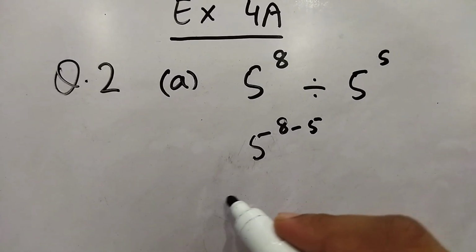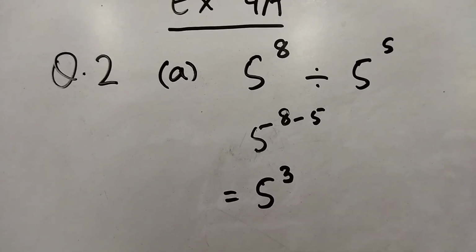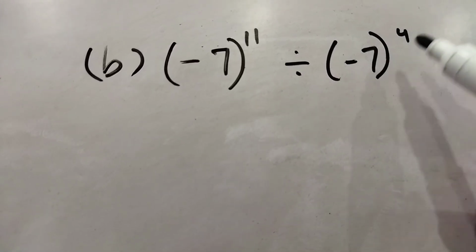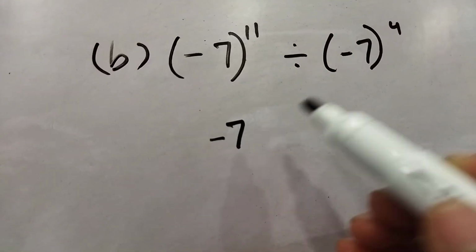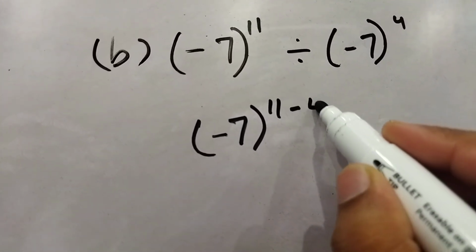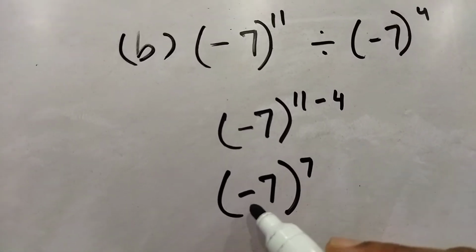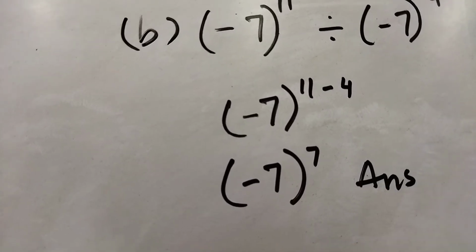We'll get the answer as 5 raised to power 3. This is the answer. Part B says minus 7 raised to power 11 divided by minus 7 raised to power 4. We have bases as minus 7. We'll write it over here as it is, and then we'll subtract 11 and 4. We'll get the answer as minus 7 raised to power 7. This is the answer.